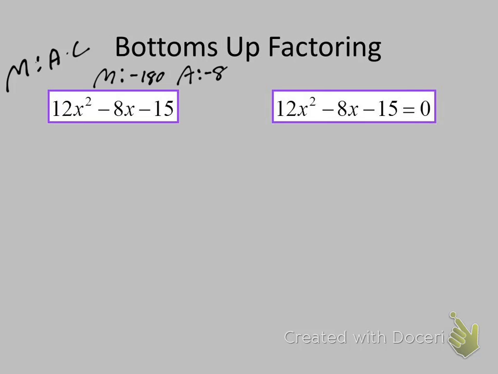So like I said, the process pretty much starts the same way. Now, you're going to set up your two binomials as if this information right here is what you're focused on. You figure out two numbers that multiply to -180 and add to -8.